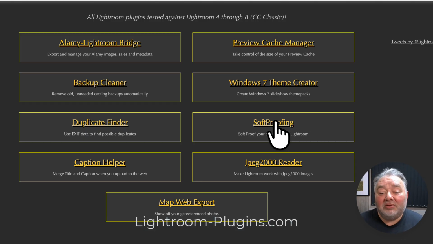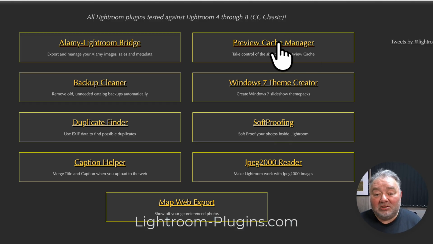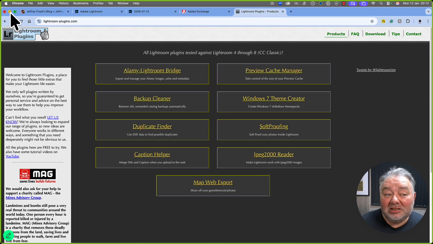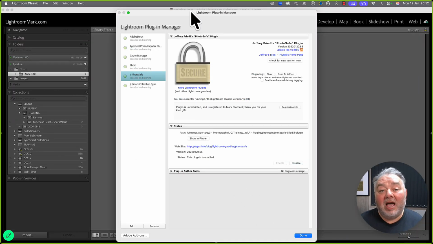Soft proofing. We don't need that anymore, this third-party plugin, because this is a soft proofer and a newer version. Cache manager. That was the one on the screen in front of you. I've got this one. Cleans out your temporary cache. So there's lots of plugins out there that third parties have written for Classic. And it's just finding the ones that suit us.